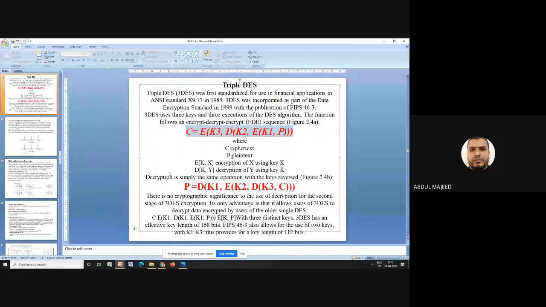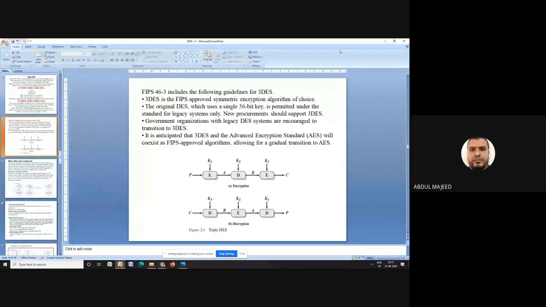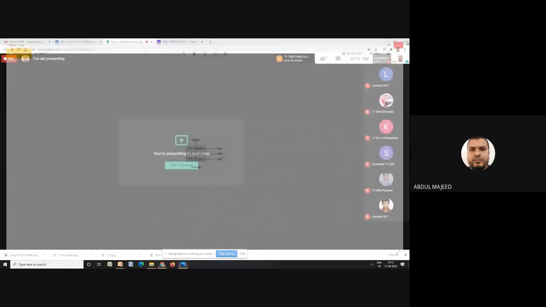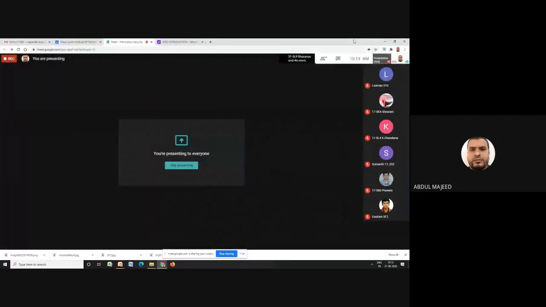So this is triple DES. The simple thing is that we are only applying the DES algorithm three times. If you apply the DES algorithm three times, obviously the key size gets multiplied by 3: 56, 56, 56, which is 168 bits.